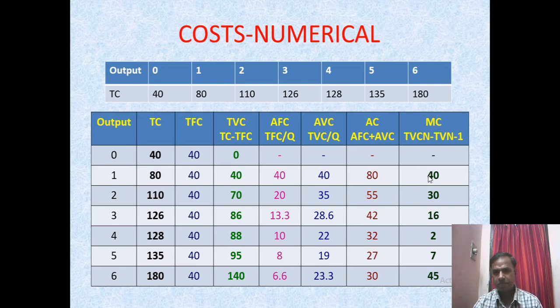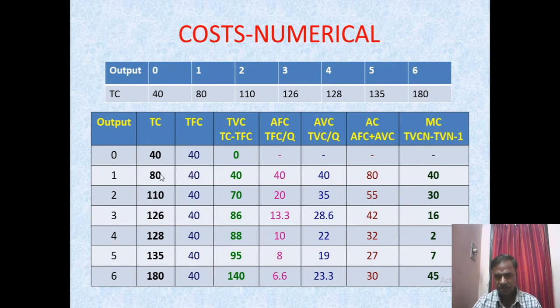MC. The MC curve can be calculated in two ways. One is by finding the differences of TC. For the first level of output, there is no MC because MC is the addition to the total cost. There is no addition here, that's why it is a dash. So 80 minus 40, 40. 110 minus 80, 30. 126 minus 110, 16. Right?